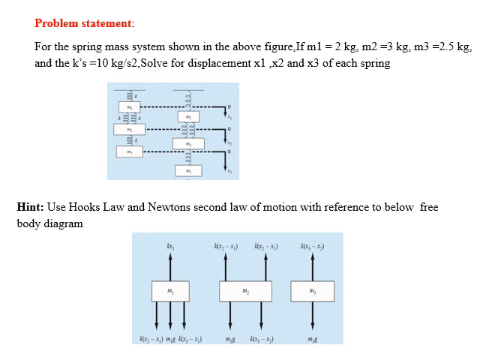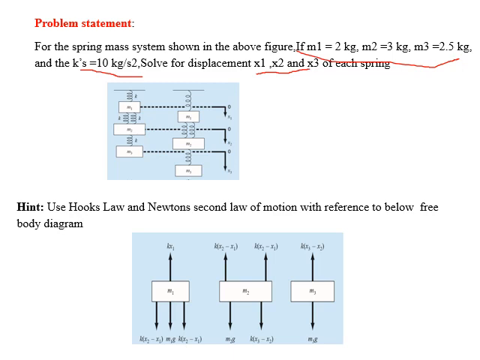So let us consider this particular system. This is also a standard example application problem for the Thomas algorithm. This is a spring mass damper system with M1, M2 and M3 given respectively. Similarly, K is 10 kg per second square for each spring, and x1, x2, x3 are the displacements of each spring which we need to find out.